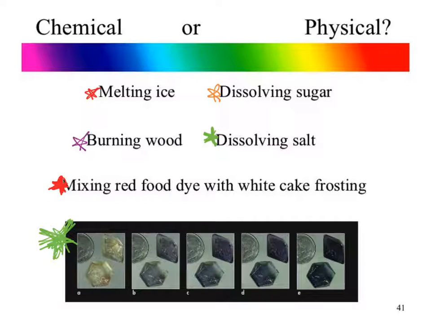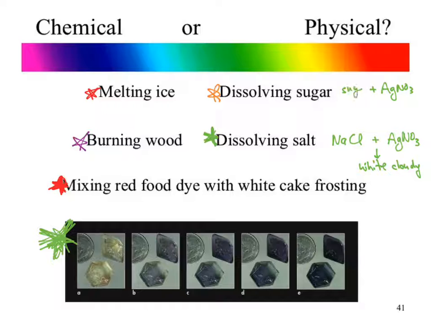Say like taking table salt, adding it to water, and then adding some AgNO3, also known as silver nitrate, which in that case resulted in a white cloudy substance. And when I did that exact same experiment with the sugar, what happened?